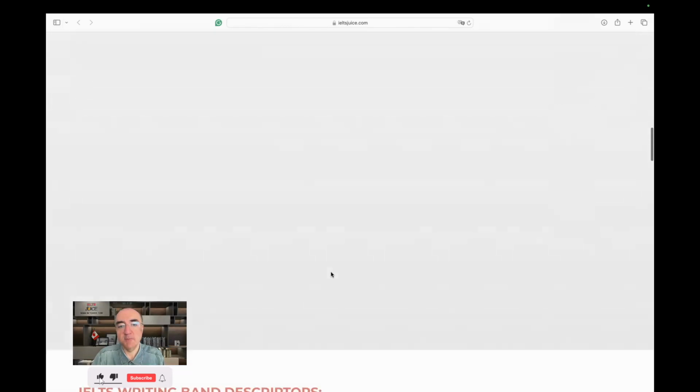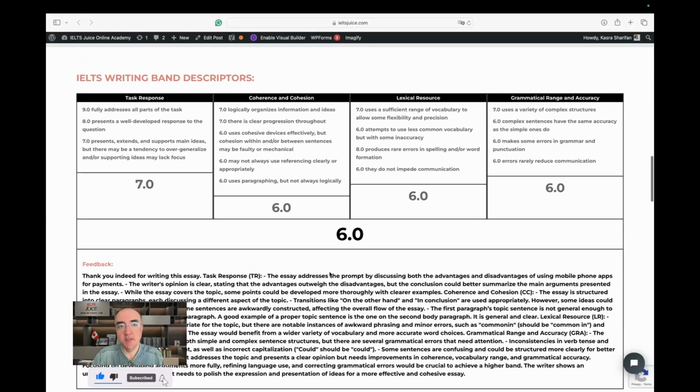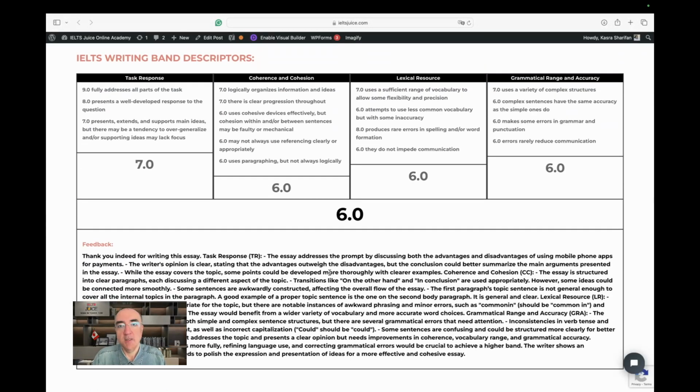324 words. Let's look at the band descriptors. Yeah, I can clearly see the areas. As for task achievement, we had 3 advantages for paying on the phone versus 2 disadvantages. The advantages were physically larger than the disadvantages.